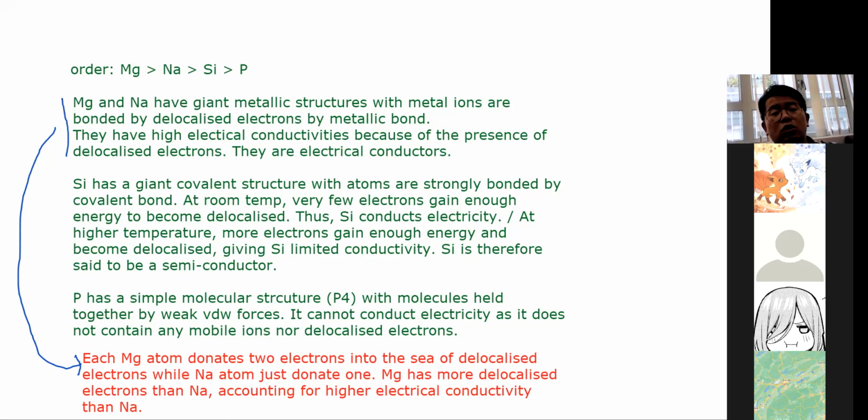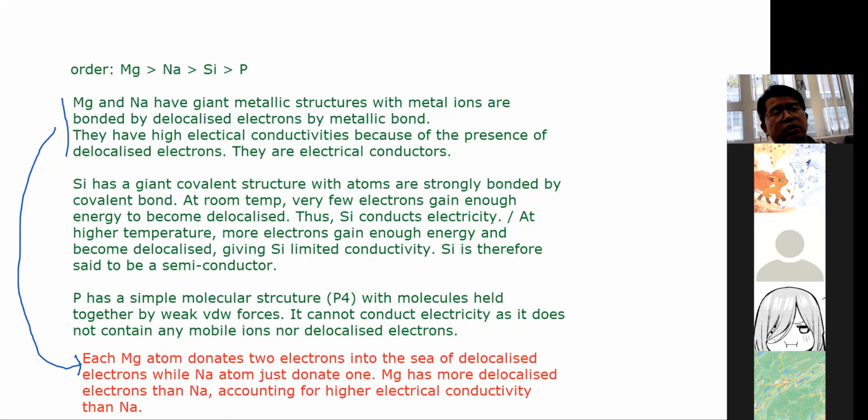Okay, you just submitted your work. You mentioned both metals have a giant metal structure. But the second sentence, the delocalized electrons are closer to the nucleus in magnesium, is correct, but it doesn't help too much in relating to higher electrical conductivity in magnesium when you compare with sodium.